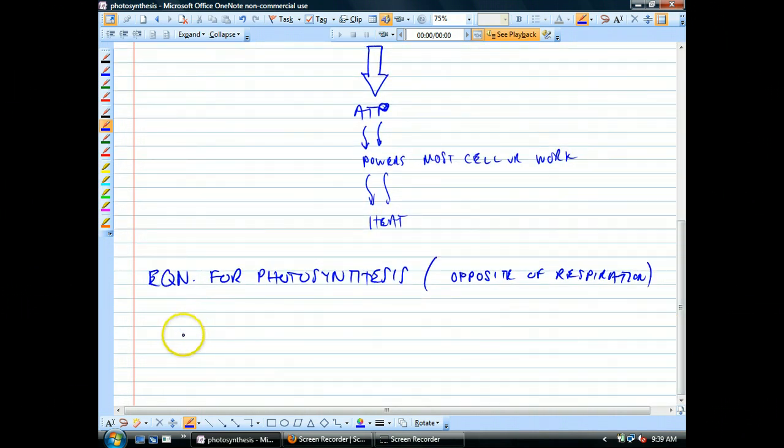You're not going to start with glucose this time. Photosynthesis makes glucose. So this time we're going to start with CO2 gas and water. EQN, sorry, it stands for equation. 6 CO2 and 6 H2O makes C6H12O6, which is glucose.